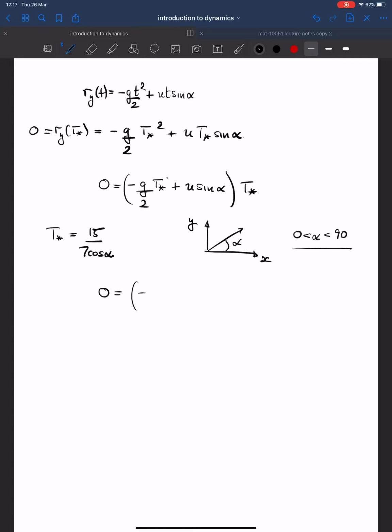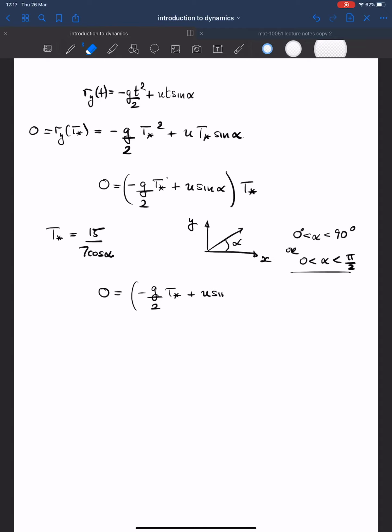Remember the cos of 90 degrees, or remember in radians alpha is pi over 2. Remember that cos of pi over 2 is 0, so this would create a problem for t star. Anyway, let's go on. So we have this, t star plus u.